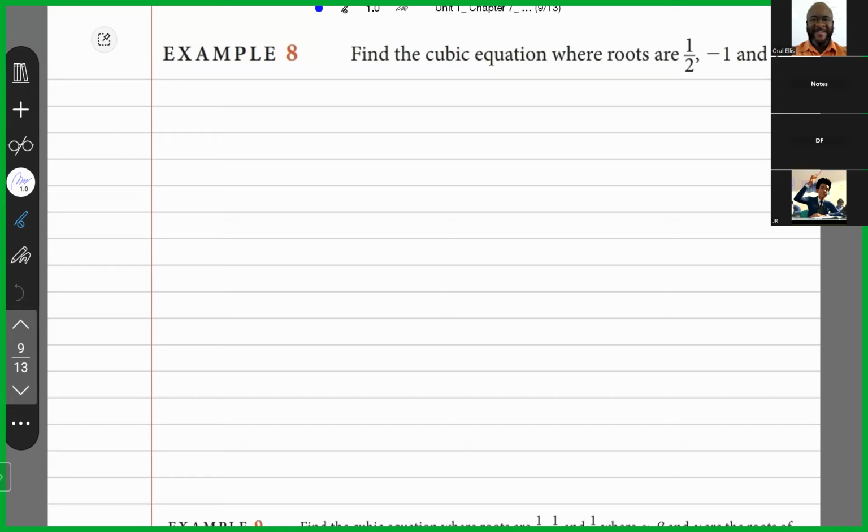All right, earlier we said that if the roots of a cubic equation are known, the equation is x cubed minus the sum of the roots. So that's minus the sum of the roots, which is minus a half plus minus 1 plus 2, x squared plus the product of the roots 2 at a time.